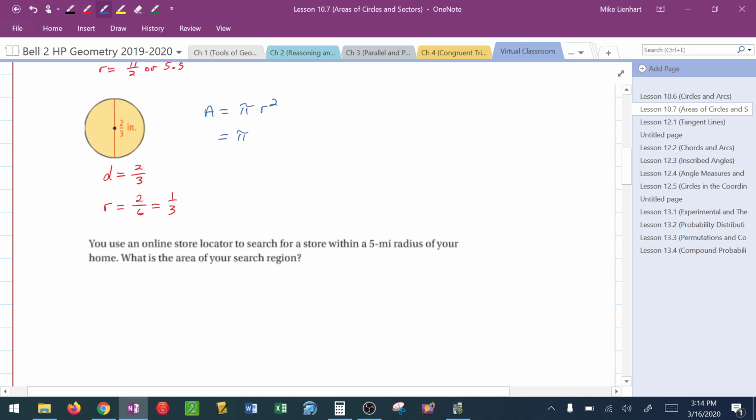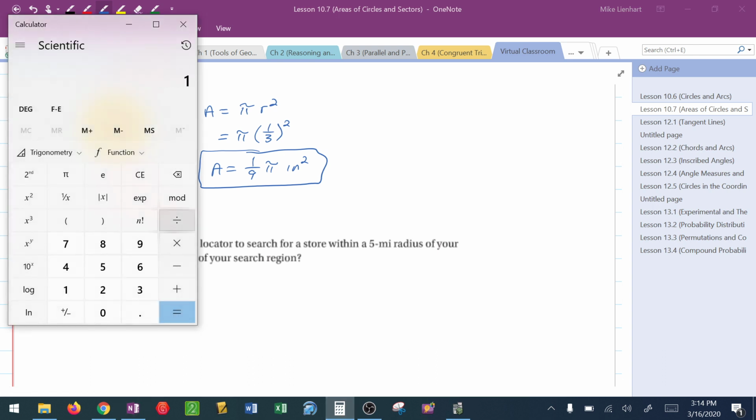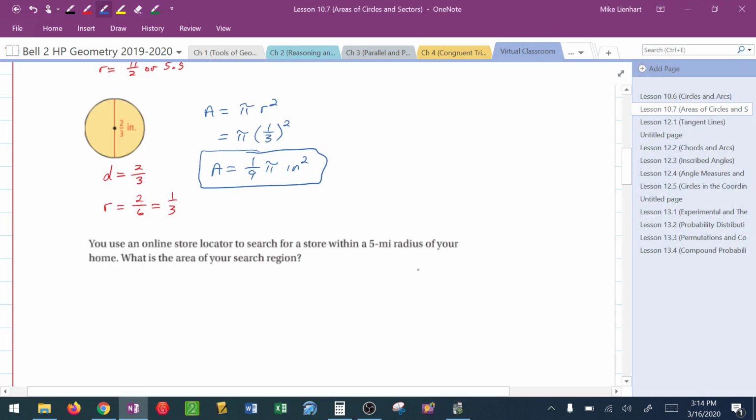I have pi times 1/3 squared. All right, so I have an area of 1/9 pi inches squared. In this case, I would leave it as a fraction, because on the calculator, if I take 1 divided by 9, I'm going to get a repeating decimal. I can't put that decimal anywhere, so I'm just going to leave it in fraction form. This is an exact value of the area.